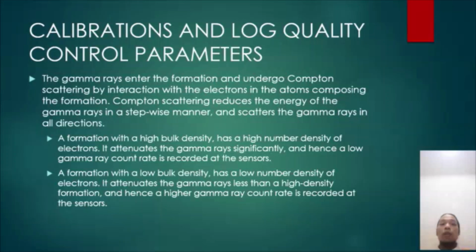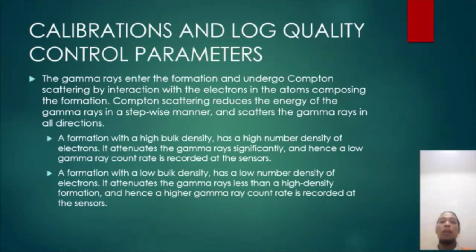A formation with a high bulk density has a high number density of electrons and attenuates the gamma ray significantly, and hence a low gamma ray count rate is recorded at the sensor. A formation with a low bulk density has a low number density of electrons.